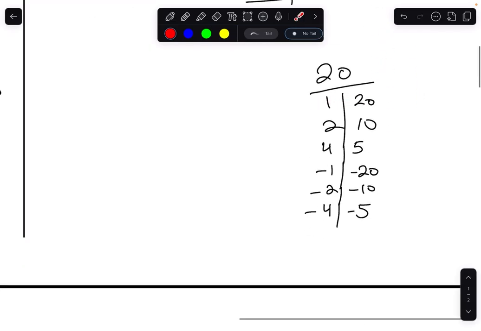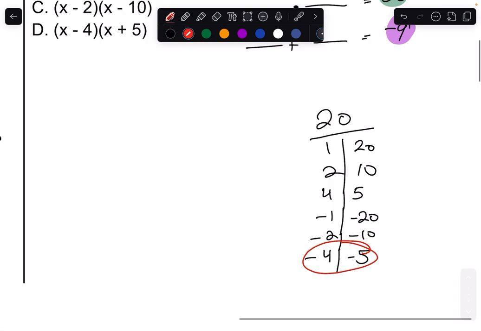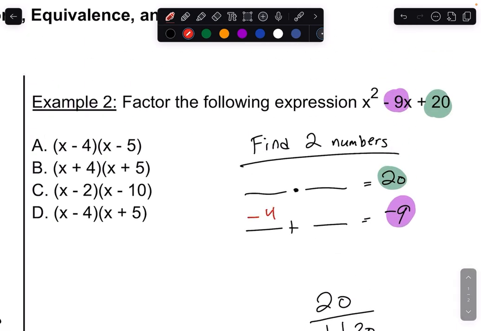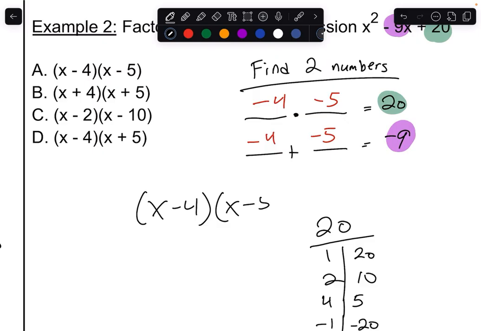So if you add these lists together, 1 plus 20, 2 plus 10, 4 plus 5, so on and so forth, the only numbers that would work would be -4 and -5. Now, with factoring, we are rewriting this expression to be x minus 4 and x minus 5 because those 2 numbers multiply to be 20 and add to be -9.